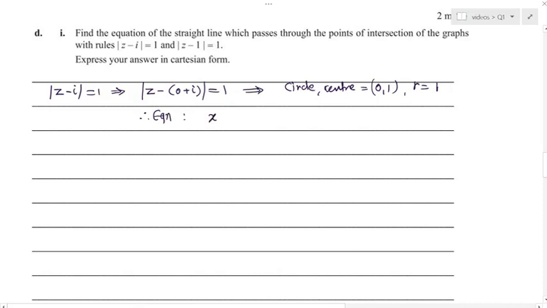Now you need to see that the simplest circle, centered at the origin, if you move it in the positive y direction by 1 step, you get this circle. So all we need to do is replace y with y minus 1, and that would give us our circle.